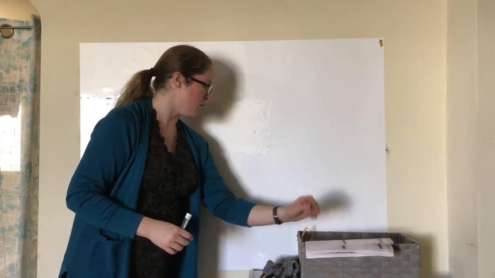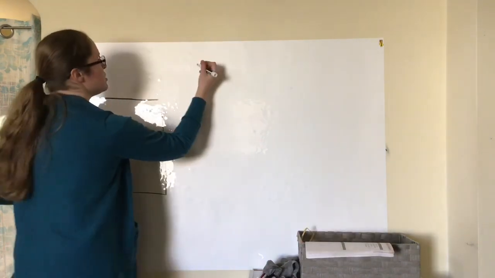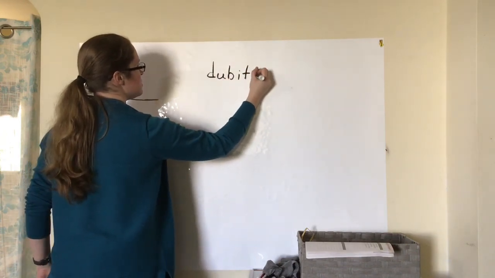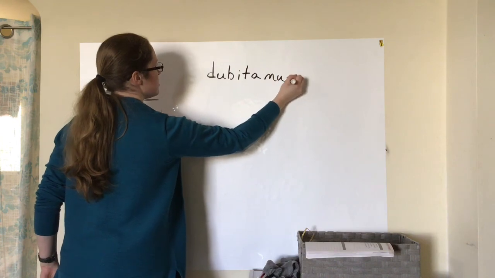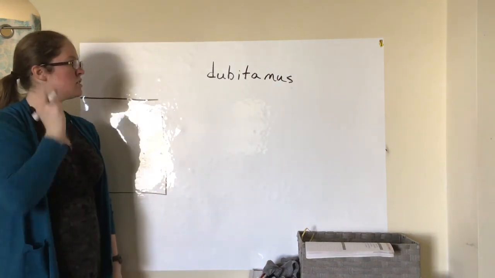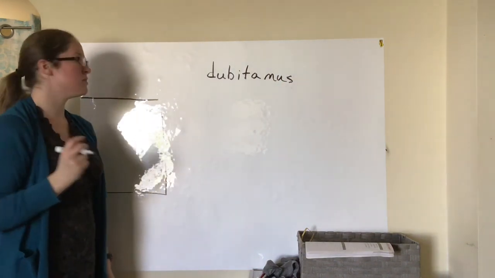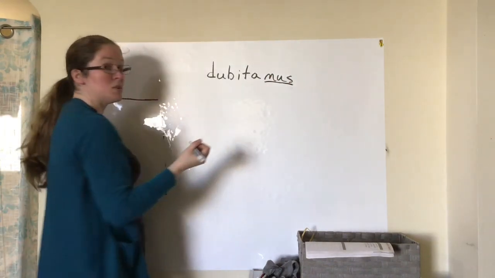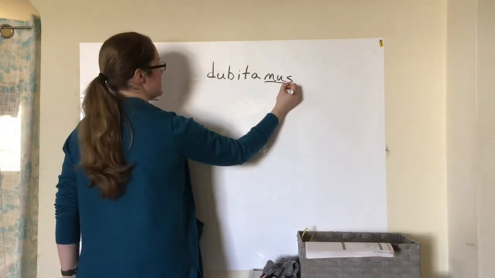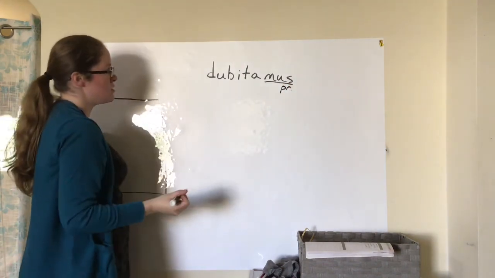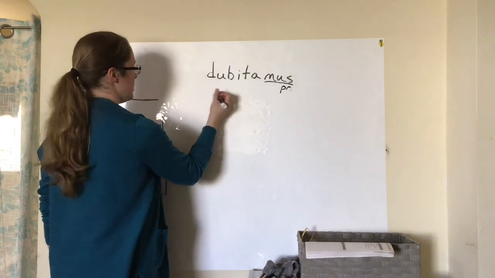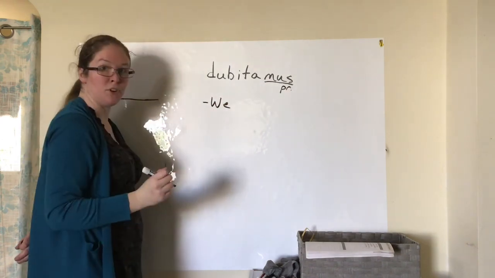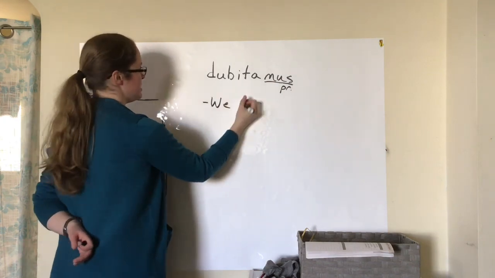Okay, so let's start with dubitamus. Our ending is just mus, so it's going to put it in the present tense. So dubitamus is, mus means we. One option, preferred option, we doubt.